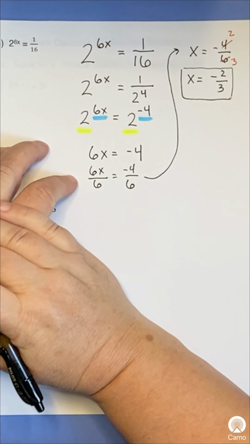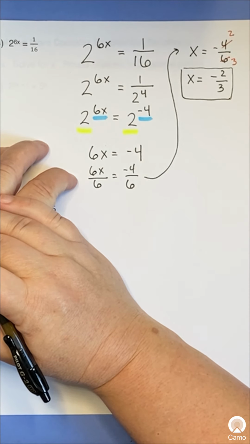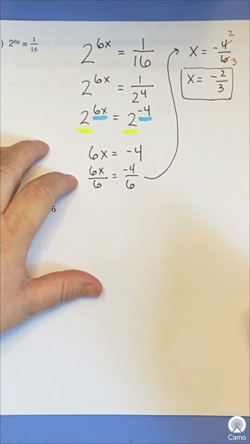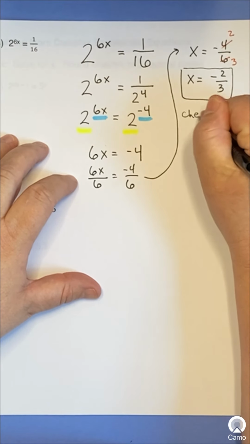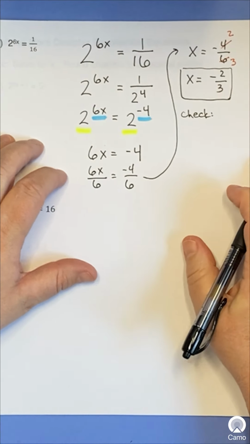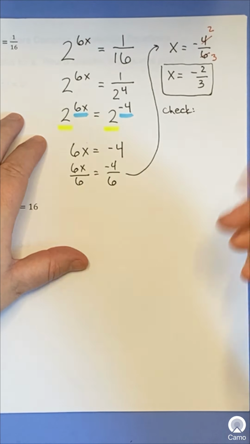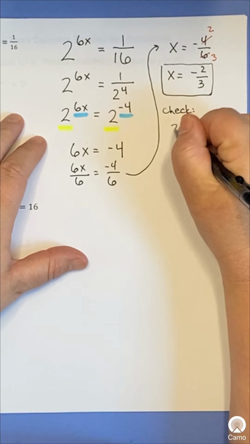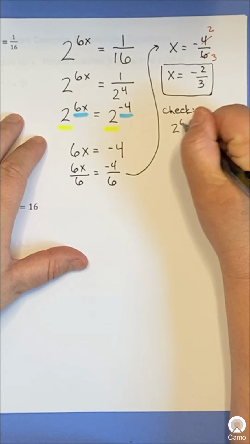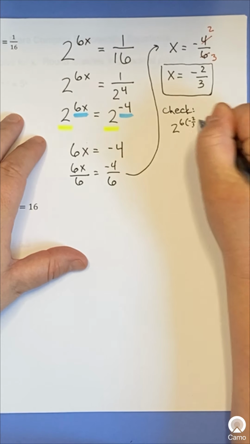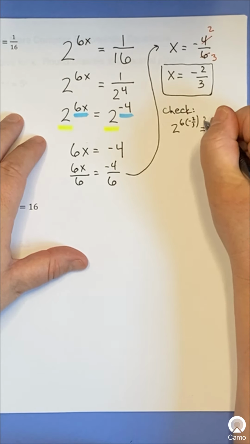Now, this one was enough of a bear that I'm really going to want to check it because there are a lot of steps in here. I want to make sure I didn't make any little mistakes that I need to go in and fix. Mistakes happen all the time. So I'm going to say I've got 2 to the 6 times negative 2/3. Oh boy, this is going to be so much fun.